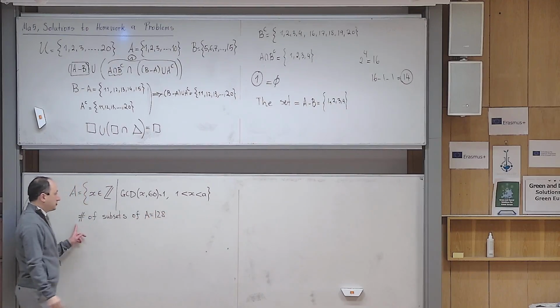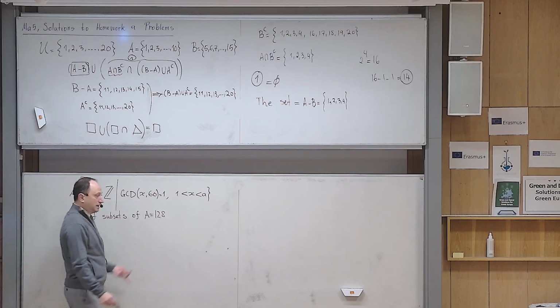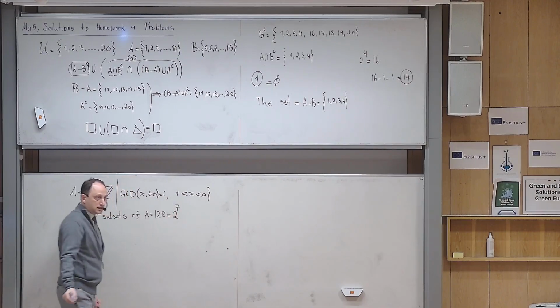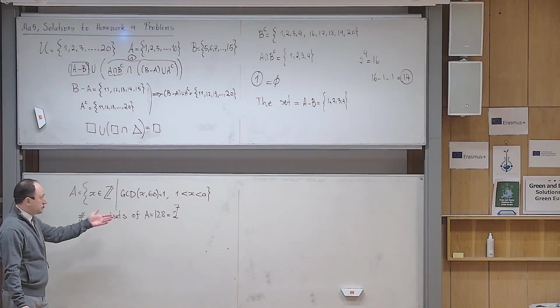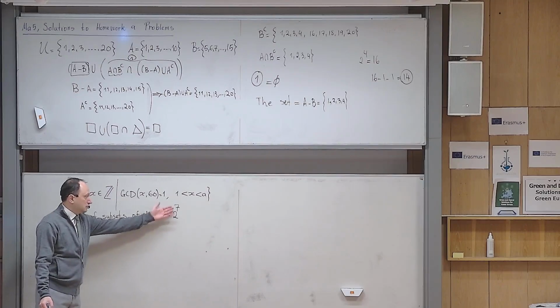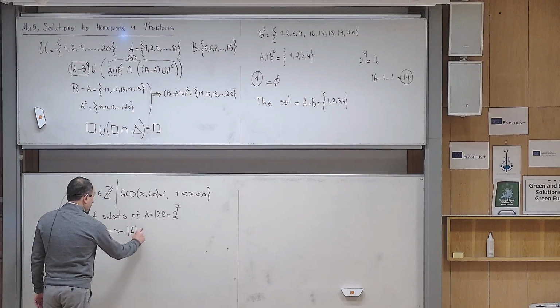So it tells me something about the cardinality of A, because 128 is not a hard number. You can factorize it. It becomes 2 to the power 7. So it means that the cardinality of the set should be 7, because the number of subsets is 128, which is 2 to the power of 7.